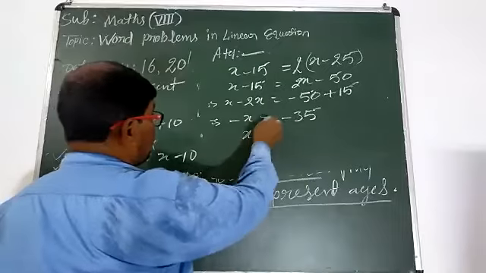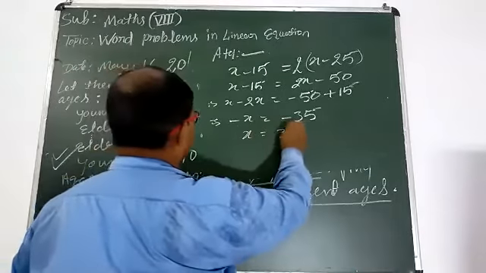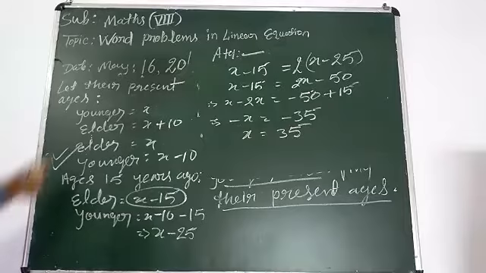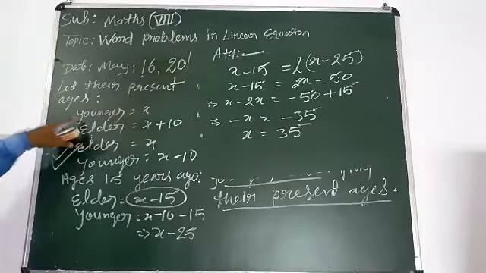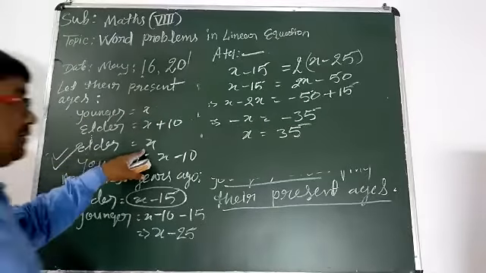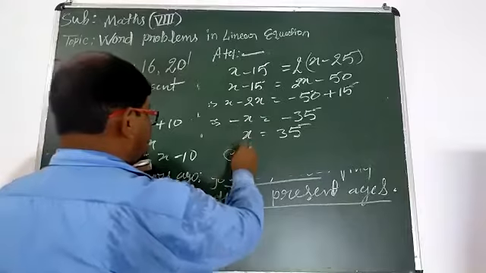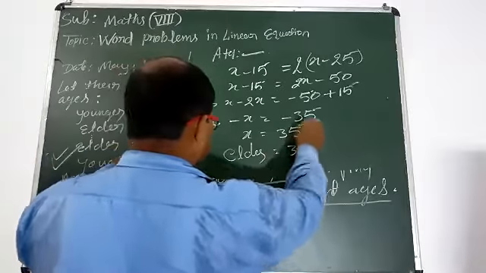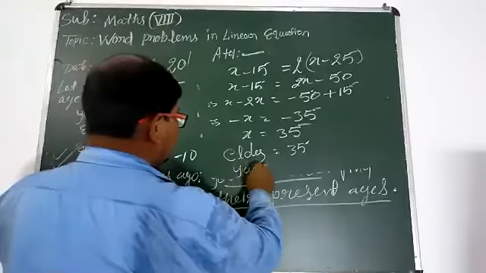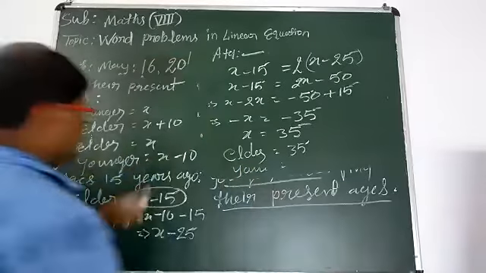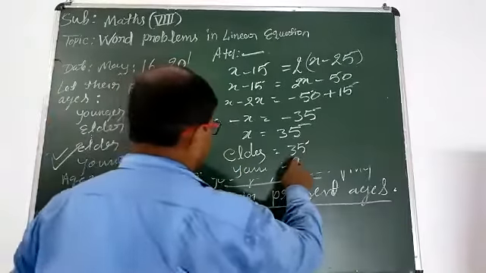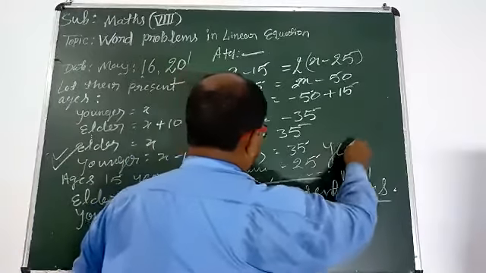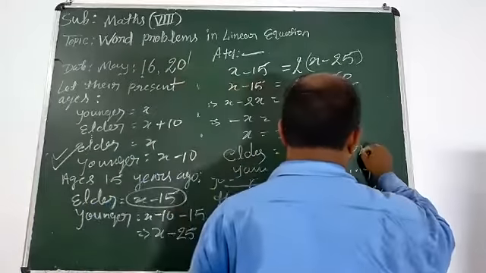In this way, you can say x equals 35. What is x? The elder brother is 35 years old, and the younger is x minus 10, 35 minus 10 equals 25. That's your answer.